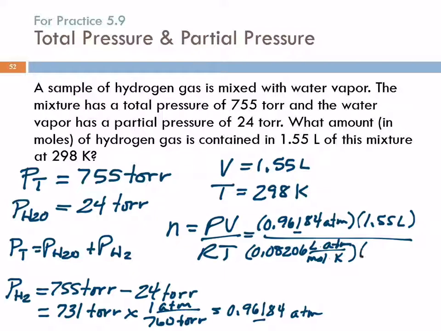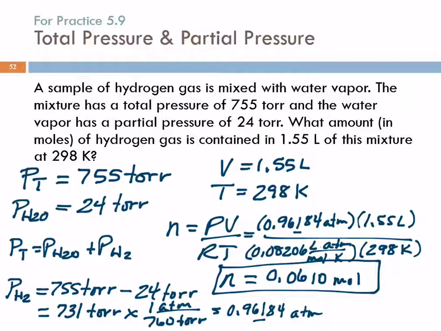And then the temperature was given as 298 Kelvin. So I'm coming up with 0.0610 moles after rounding to 3 sig figs.